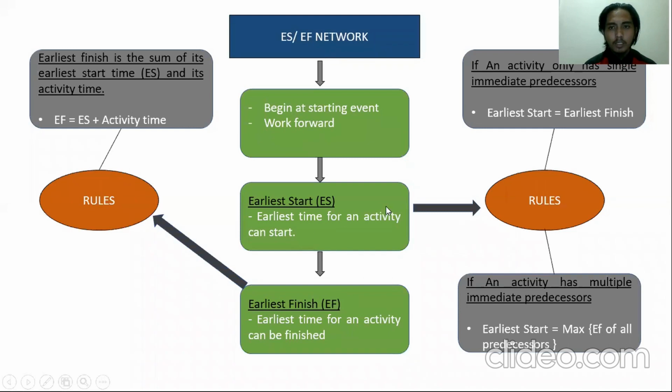The rule for the earliest start: if an activity only has a single immediate predecessor, the earliest start is equal to the earliest finish of that predecessor. The second rule: if the activity has multiple immediate predecessors, the ES is equal to the maximum of all the predecessors' EF. For the earliest finish, the rule is the sum of its earliest start time and its activity time, which means EF equals ES plus activity time.